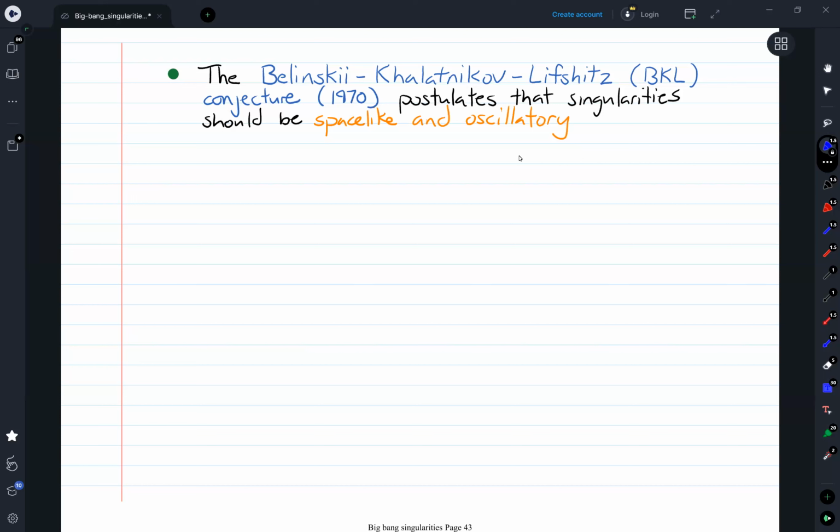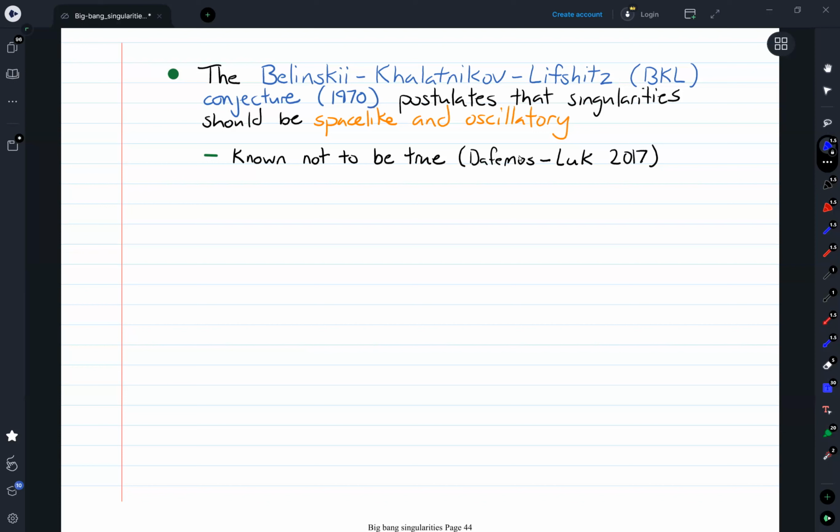Now, oscillatory means on the approach to the singularity, the fields that you have will oscillate. And in fact, one expects that they not only oscillate in a regular manner, but that things are chaotic. Okay, so spacetime can be quite complicated near singularities, and in particular near Big Bang singularities.